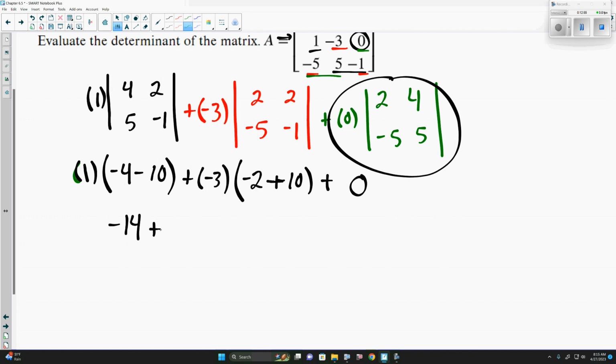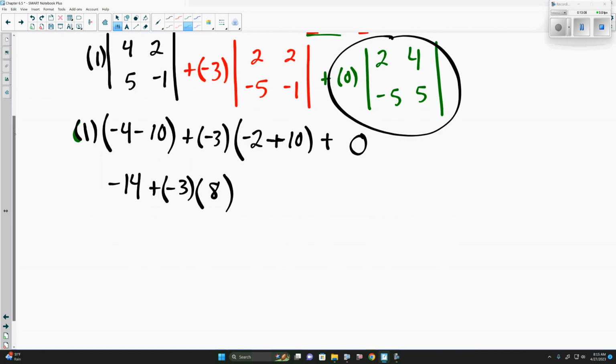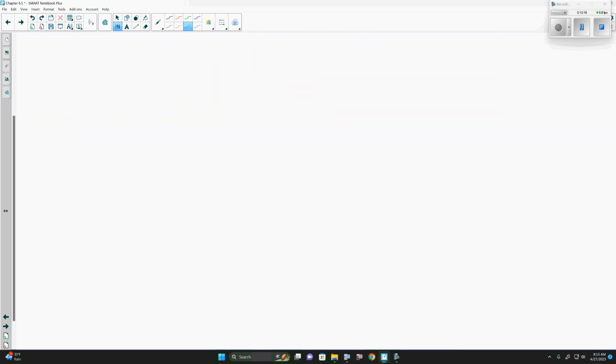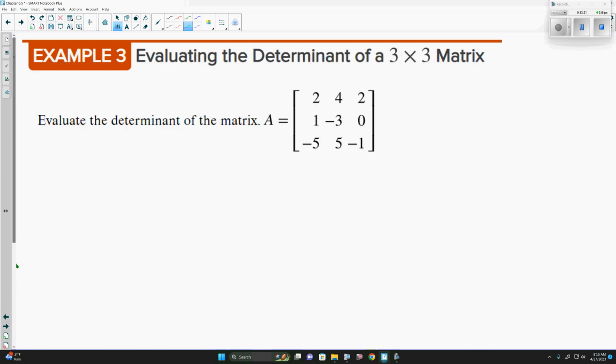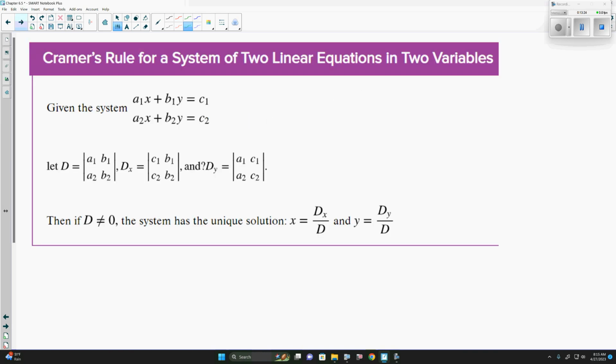Plus, well, we have negative 3 times negative 2 plus 10, which is going to be 8. I think I got off somewhere, because this should equal negative 10. So I got off a little bit somewhere, but it should work out to be the same. However, the calculator works just as well. Any questions on this here?